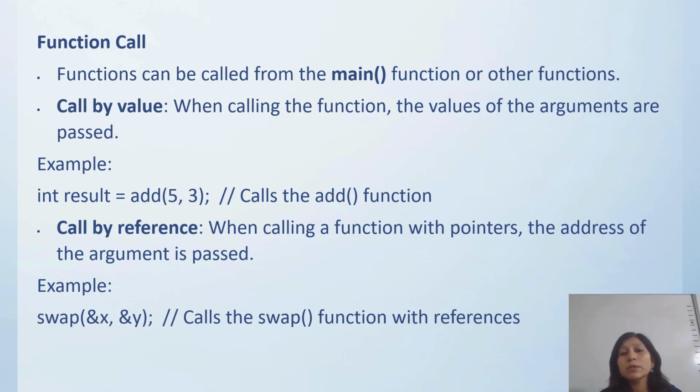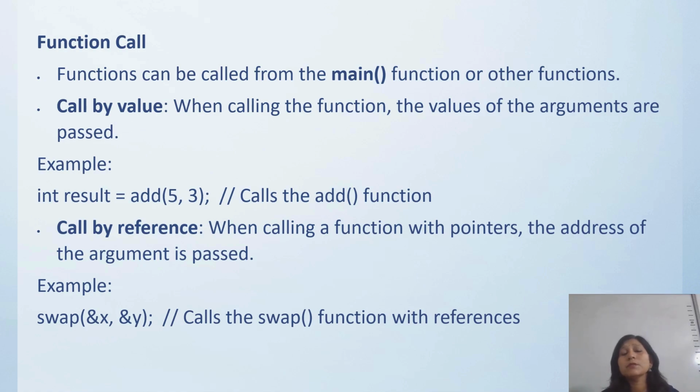Call by value is when we call the function with a set of values. For example, in this case, add 5 comma 3 is passed. So 5 and 3 are the values supplied to the add function, and the result will be returned to the result. The next one is call by reference.